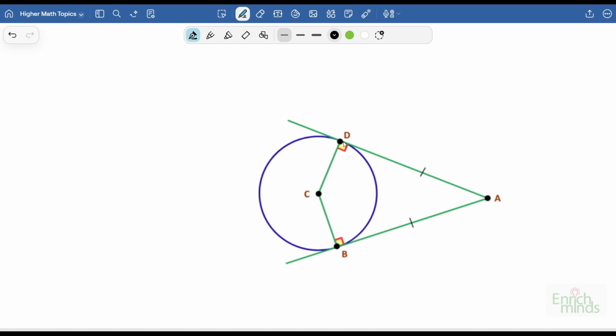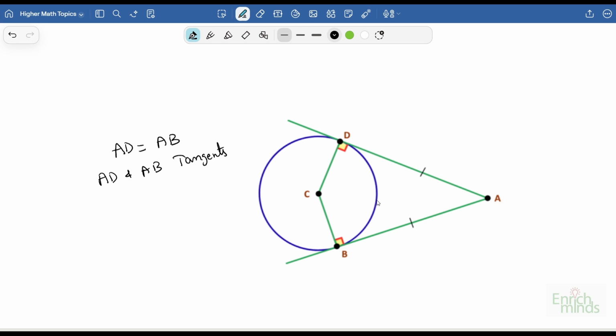So the distance from A to this point D is equal to the distance from point A to the point B. So here AD equals AB. AD and AB are tangents to the circle, and these points are the points of contact of the tangents with the circle. Then these two lines will be of equal length.